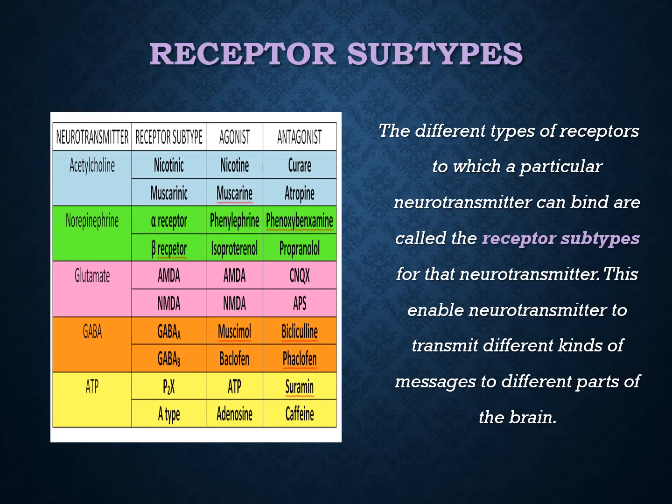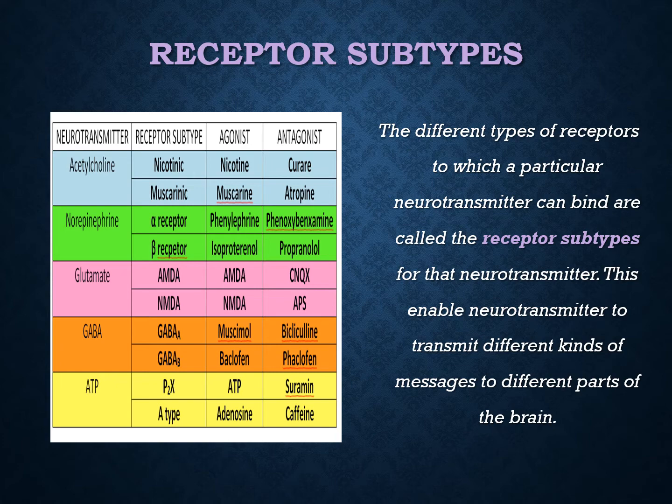Receptor subtypes. The different types of receptors to which a particular neurotransmitter can bind are called receptor subtypes. The receptor subtypes are mentioned in this chart, and for each type of neurotransmitter, there are certain specific kinds of receptors to which it can bind.